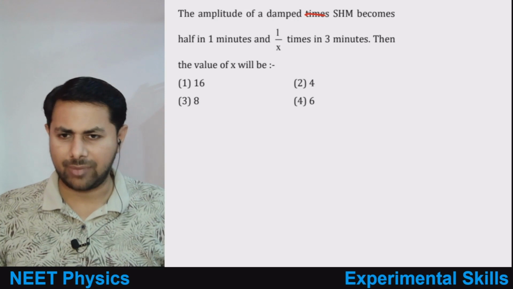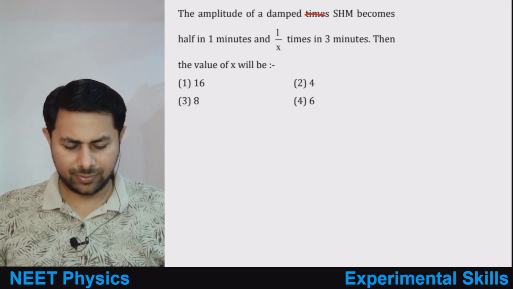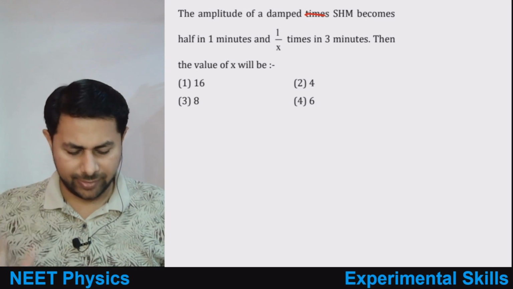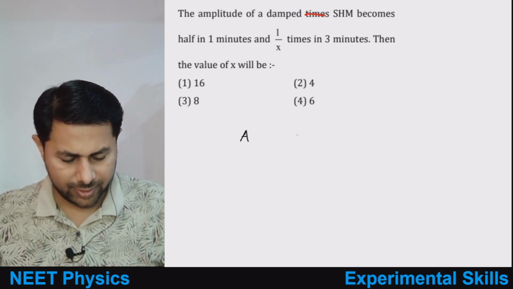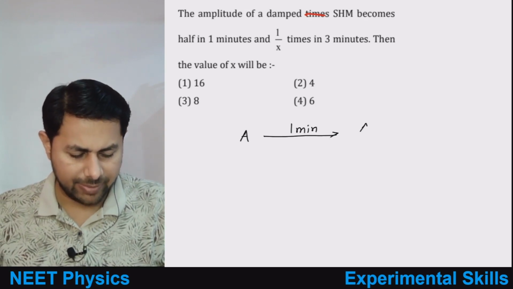So tell me what will happen. All right, this is very simple. See, let's say amplitude is A. After 1 minute, what happens? It becomes A by 2.